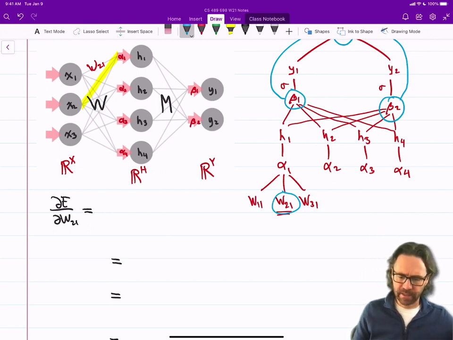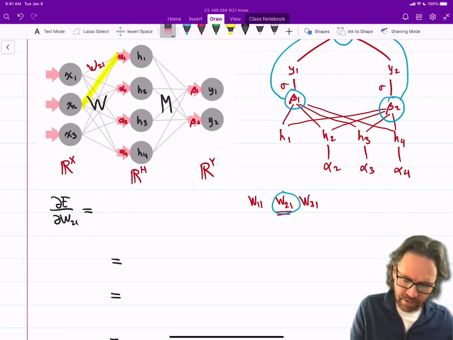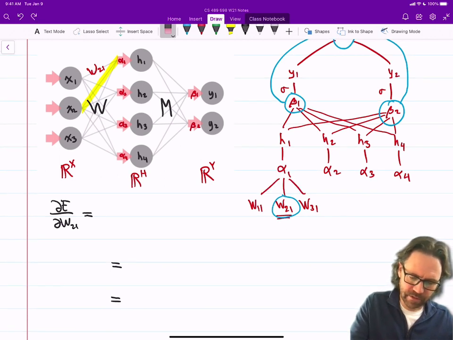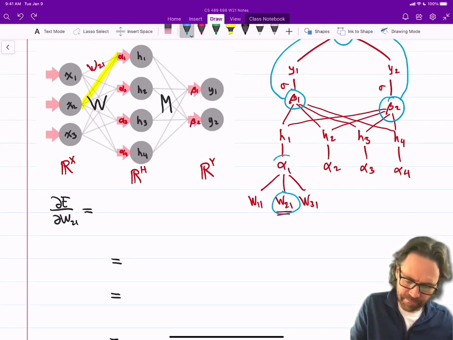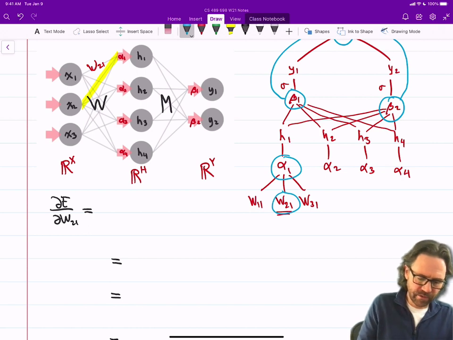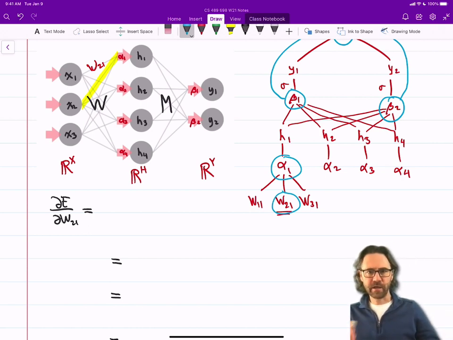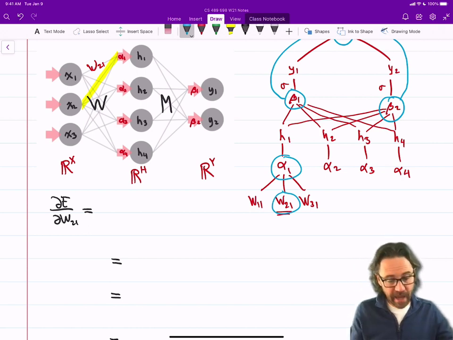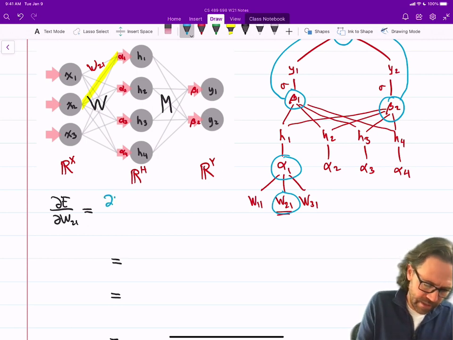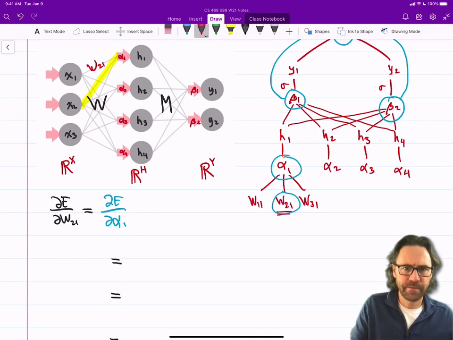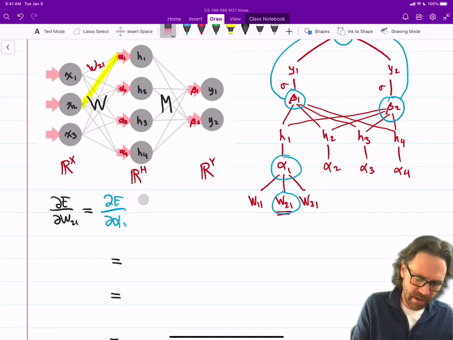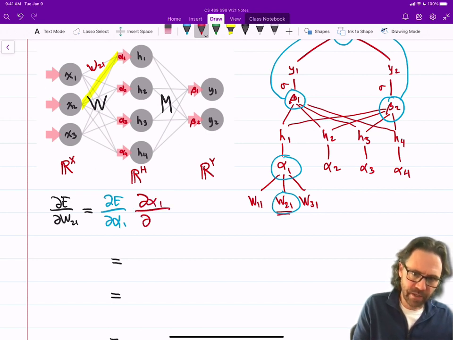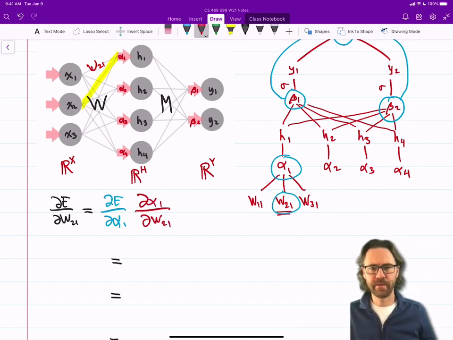First of all, let's imagine we're getting down to this alpha. So ∂E/∂W21 can be written ∂E/∂alpha 1 times ∂alpha 1/∂W21.